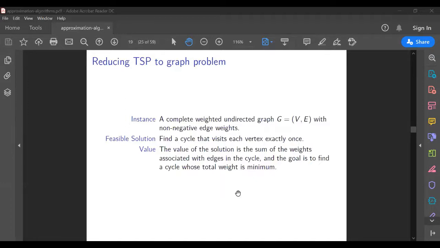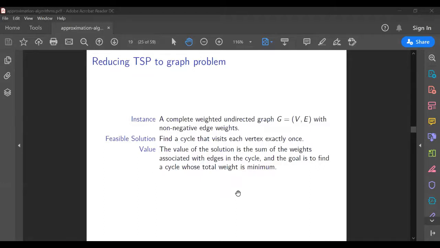Between the cities, if there is a mode of transport, how much it costs can be a weight. If there is a transport, that can be an edge, and the weights should be non-negative, because going from one place to another cannot have a negative weight.